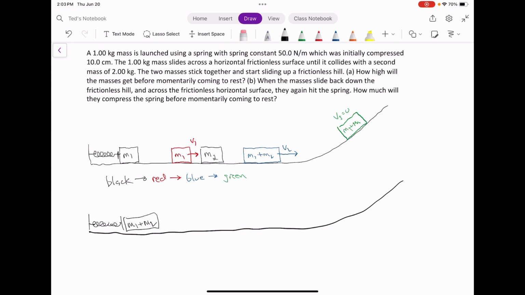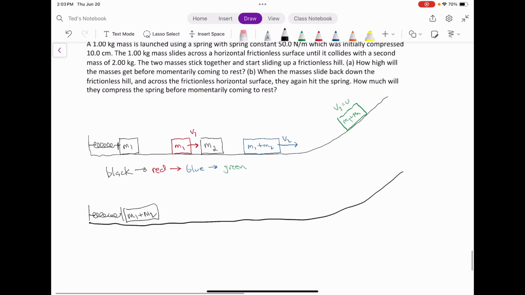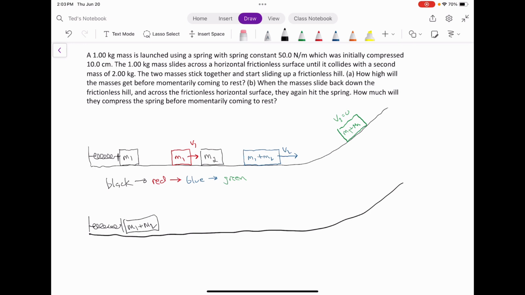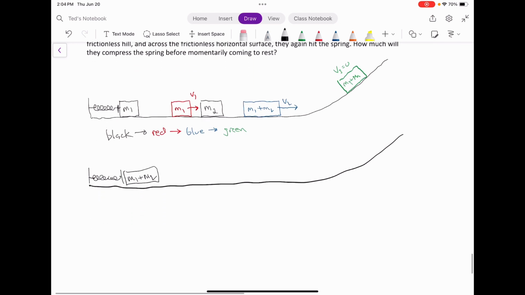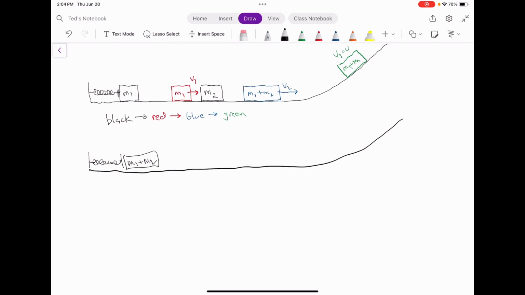All right, so we have multiple events that are going on here. In the first event, we have M1 being launched. So I'm going to label this 1. M1 is launched by the spring.